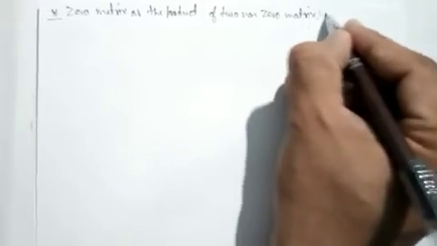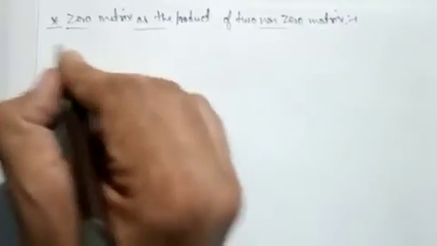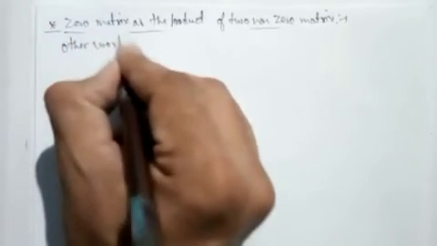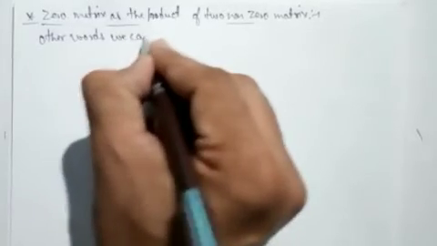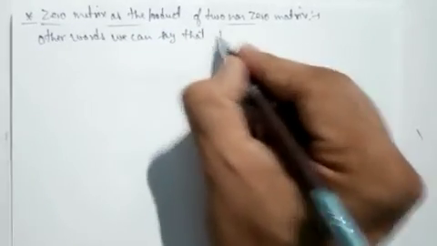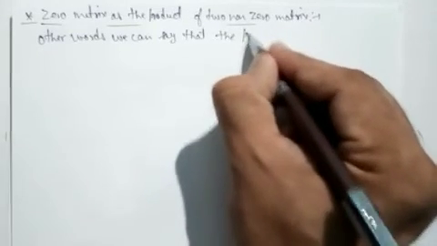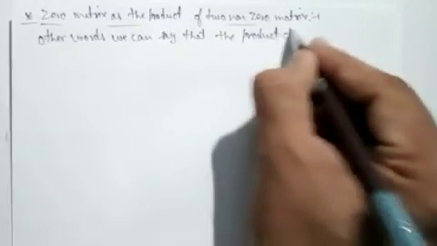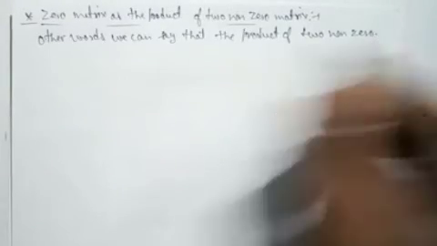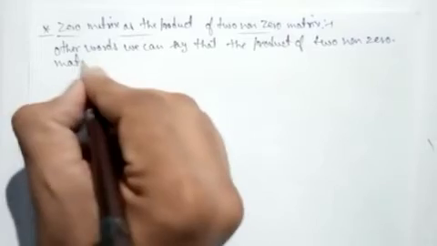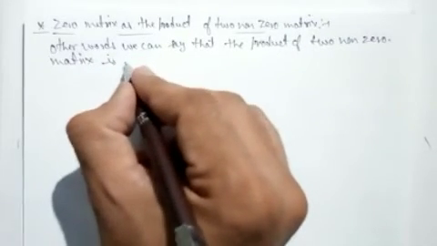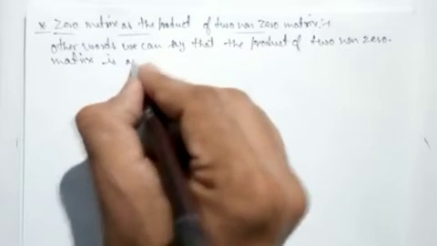Means in other words we can say that the product of two non-zero matrices is also a zero matrix.